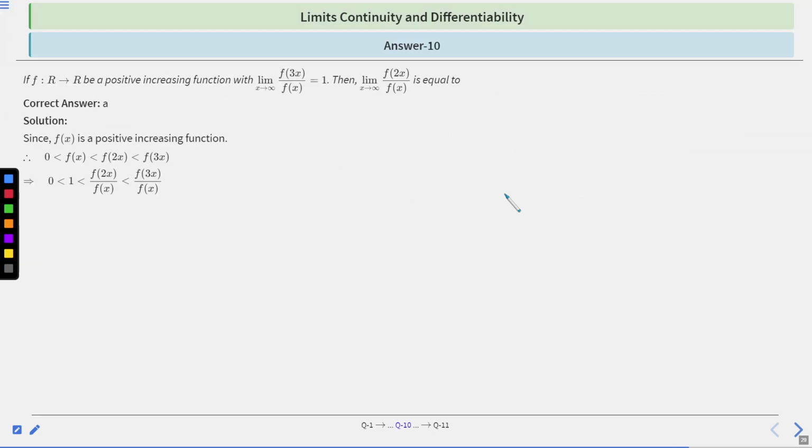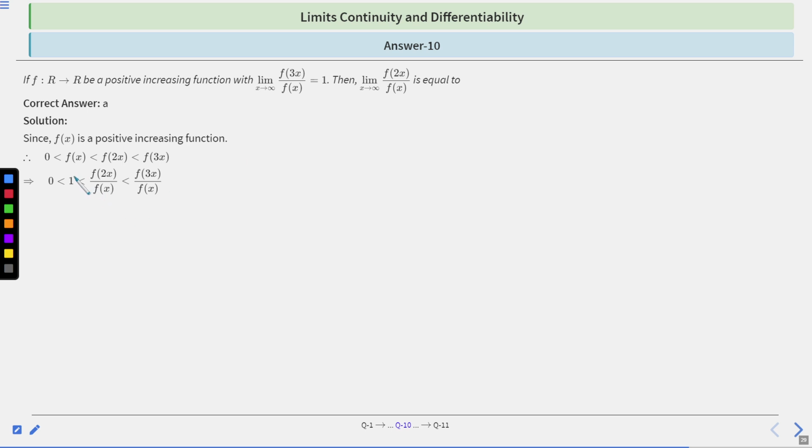Okay, see, since f(x) is a positive increasing function, we know f(x) is greater than 0, f(2x) is greater than f(x), and f(3x) is greater than f(2x). So let's divide by f(x) throughout.